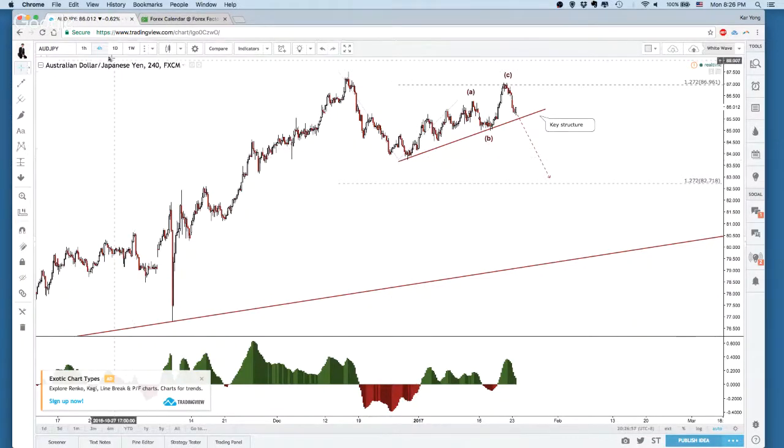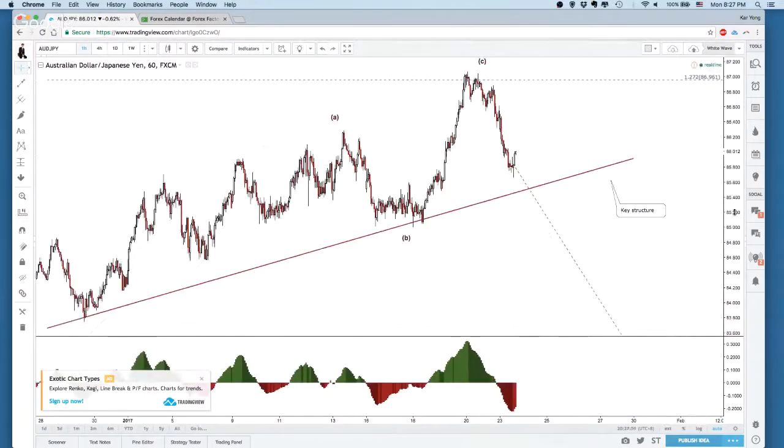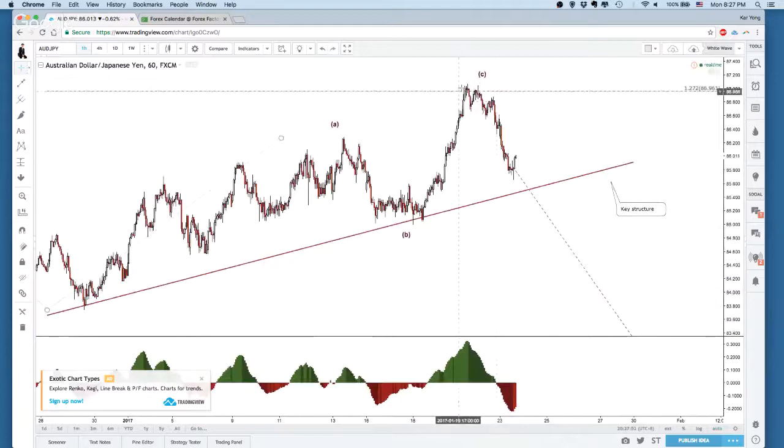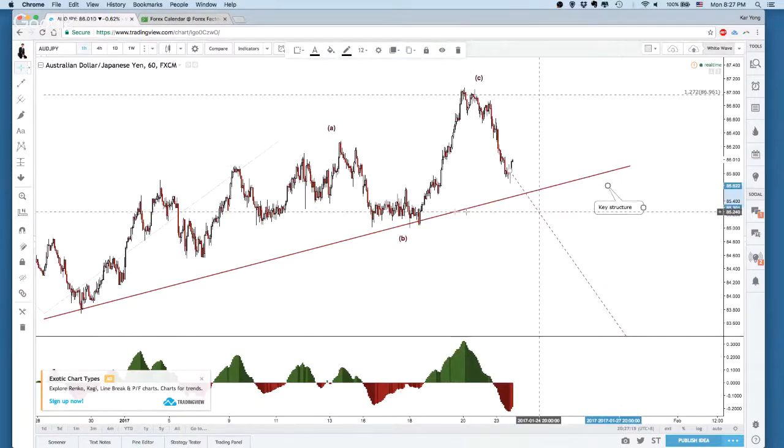If I bring you to the hourly time frame to look at it clearer, right now this move down is pretty strong. That means what you are seeing here is a pretty strong reversal, which helps to confirm that price is indeed reversing. But there's a key structure level that I identified over here. Price needs to break this to go lower.